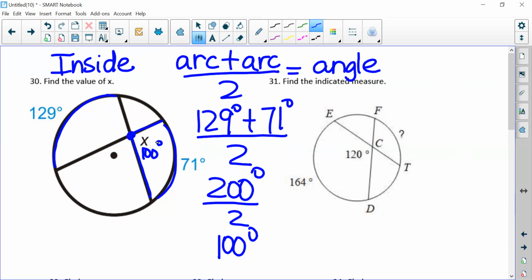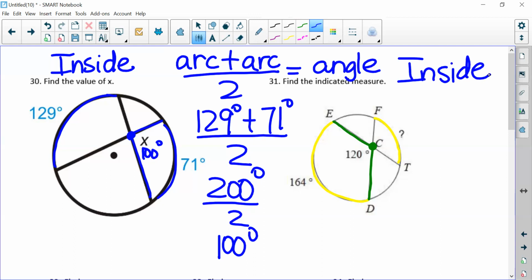Over here with number 31, we clearly see that the measure of arc ED is 164. What we're trying to figure out is the measure of arc FT, okay? Look, they give us the measure of an angle. They give us the measure of angle ECD, okay? So look, the vertex of the angle is inside, so we're still using arc plus arc divided by 2 because the vertex of the angle is inside, okay?